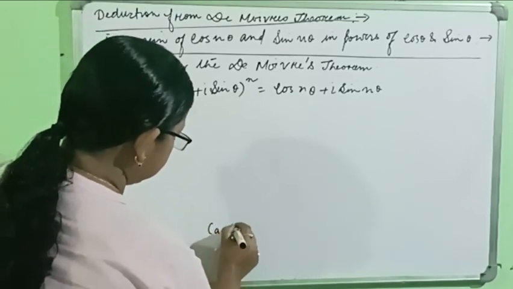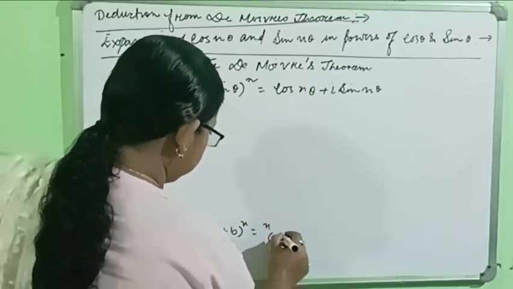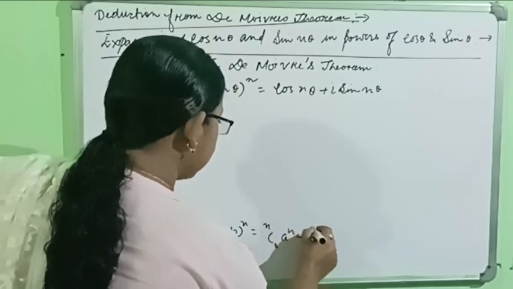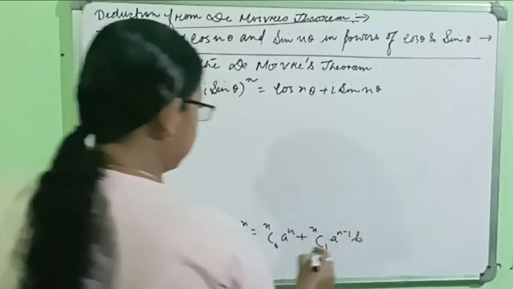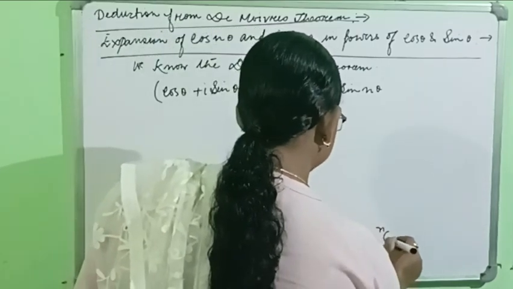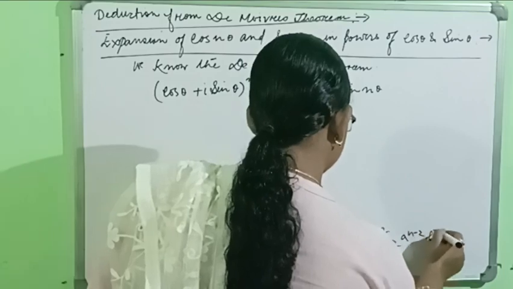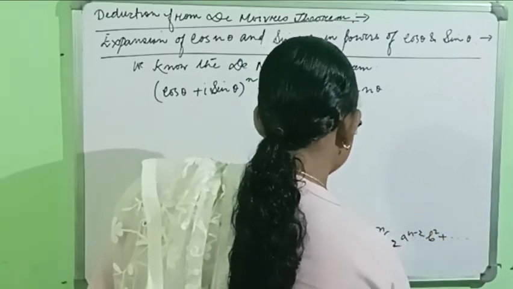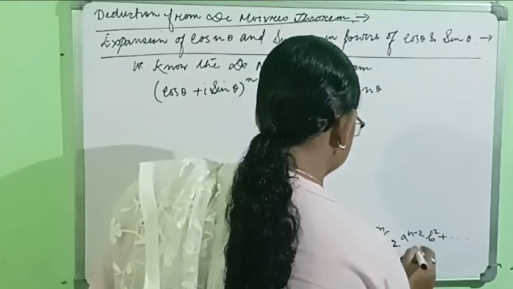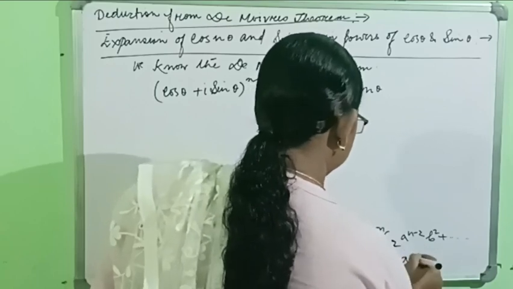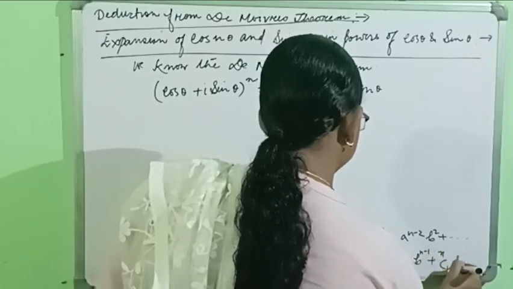(a plus b) to the power n equals nC0 a^n plus nC1 a^(n minus 1) b plus nC2 a^(n minus 2) b squared plus ... plus nC(n minus 1) a b^(n minus 1) plus nCn b^n.